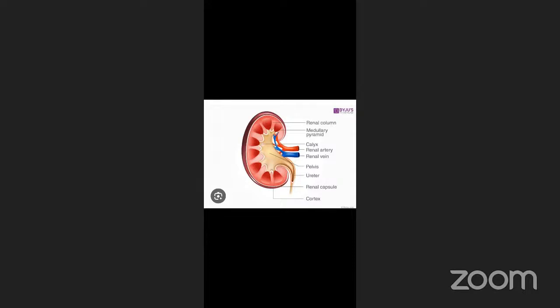Mark here says the urea enters the bloodstream via the hepatic vein, correct? And pumped to the heart. It is not pumped, it is taken to the heart.